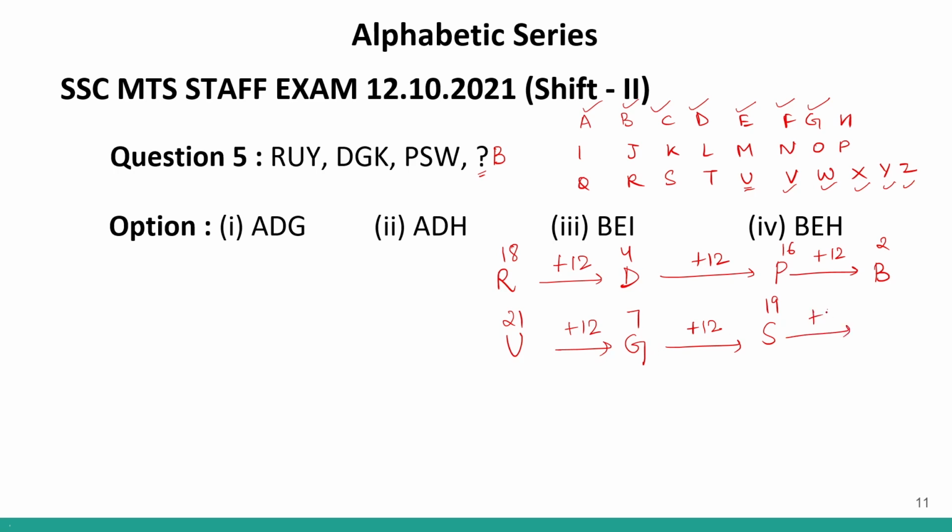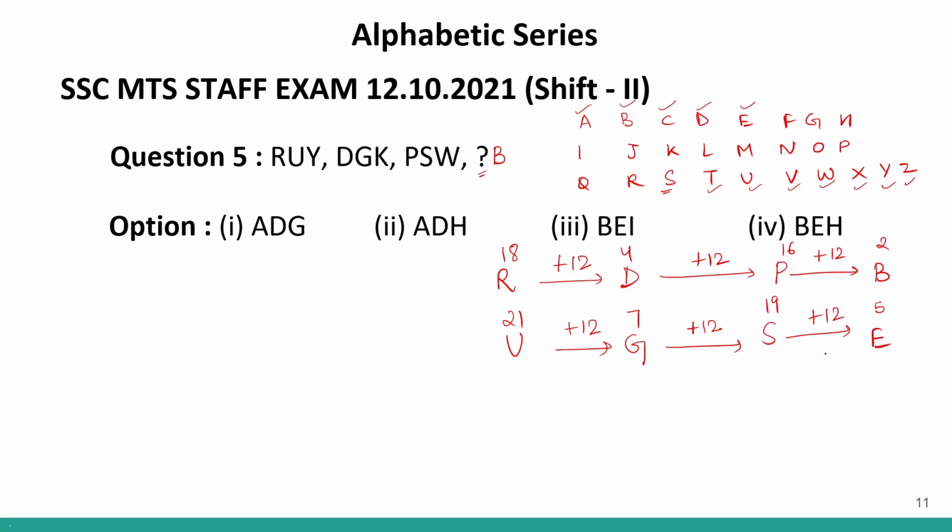So now I will do plus 12. Plus 12 will give me 31. Do we have a 31? No. So instead of counting, we will go from S. From S, we will go plus 12. 1, 2, 3, 4, 5, 6, 7, 8, 9, 10, 11, 12. So we will get 5th position, which is E.